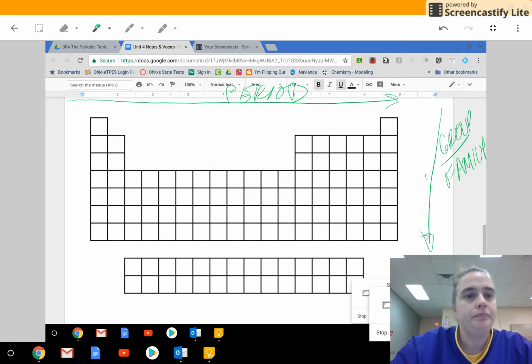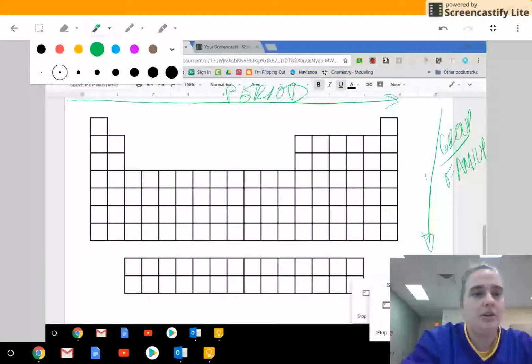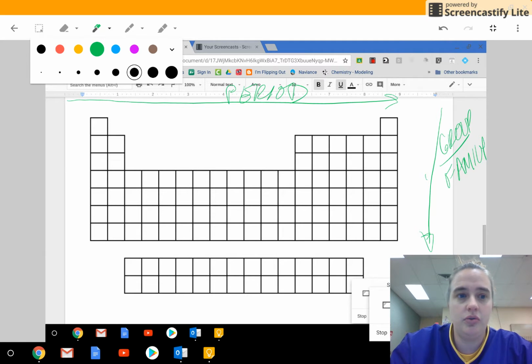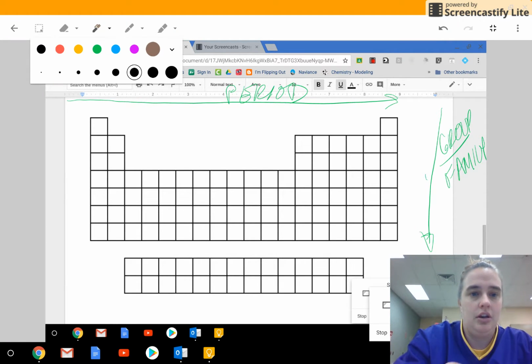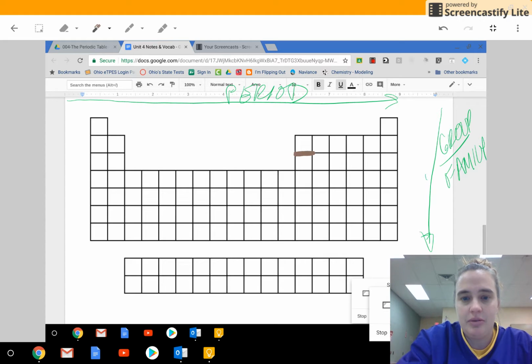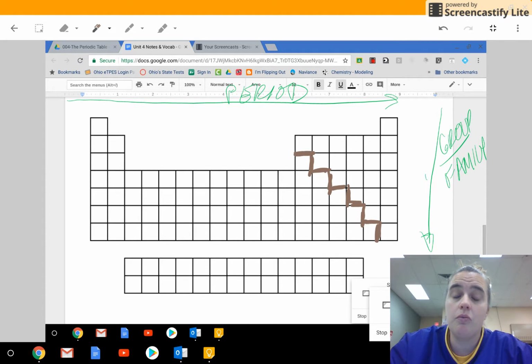Okay. The next thing on the periodic table we're going to talk about is what I like to refer to as the bat line. My bat line starts about right here and it stair steps down to about right here. On your yellow periodic table, it clearly shows a solid bold line.